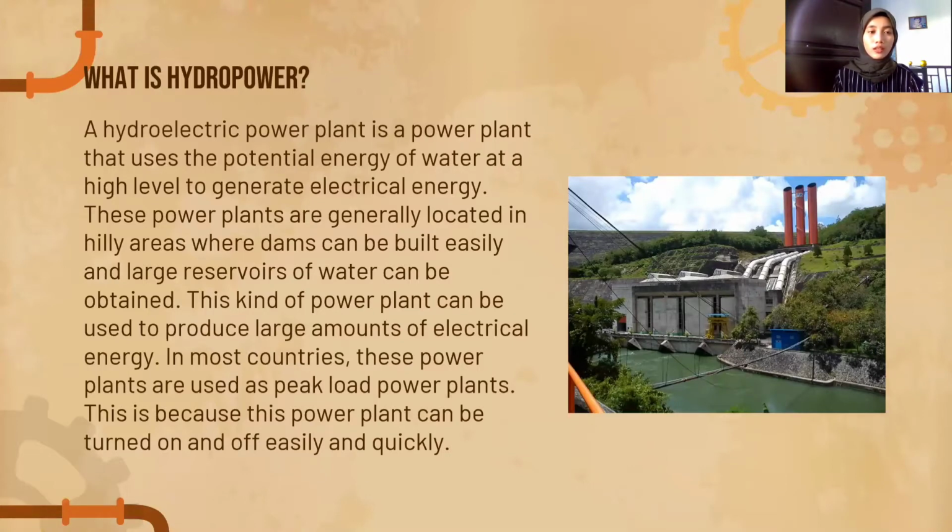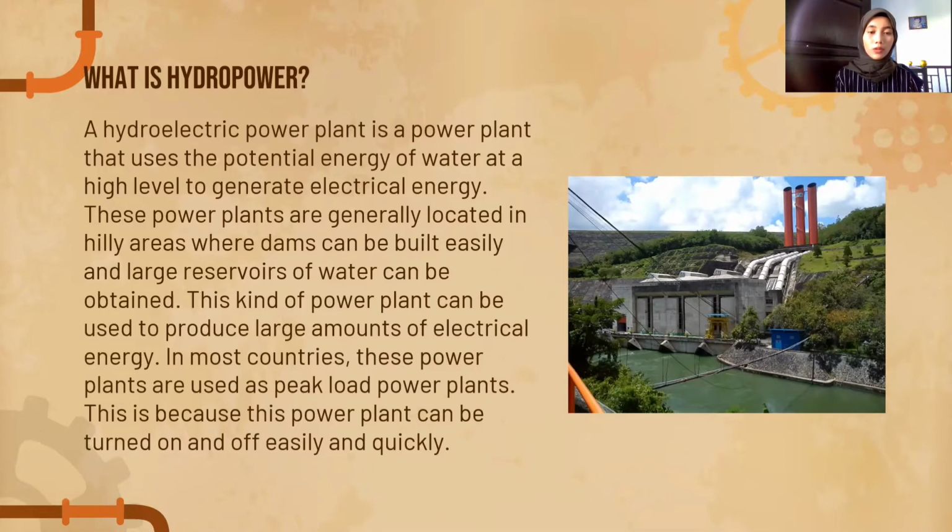A hydroelectric power plant is a power plant that uses the potential energy of water at a high level to generate electrical energy. These power plants are generally located in hilly areas where dams can be built easily and large reservoirs of water can be obtained.